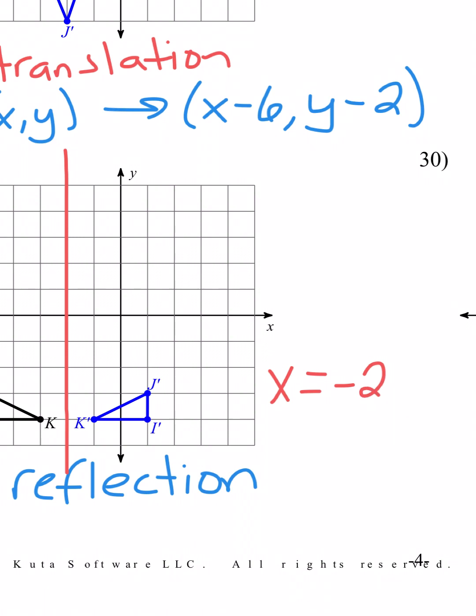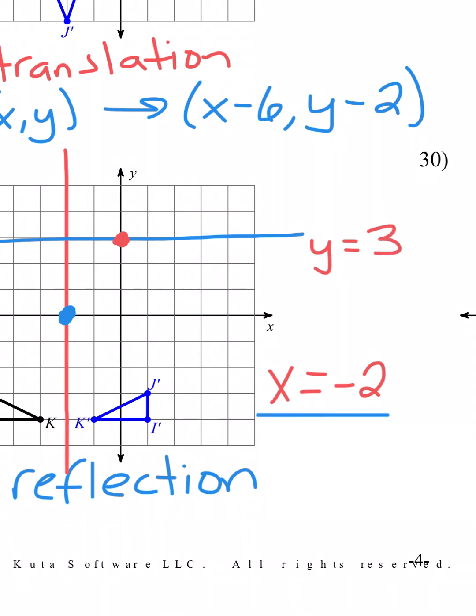Why is it x and not y? Which axis is it going through? The x, so that's why it's x. It's going through the point x equals -2. If I had one like this, how would I write that equation? Y equals 3, because it's going through the point y equals 3.